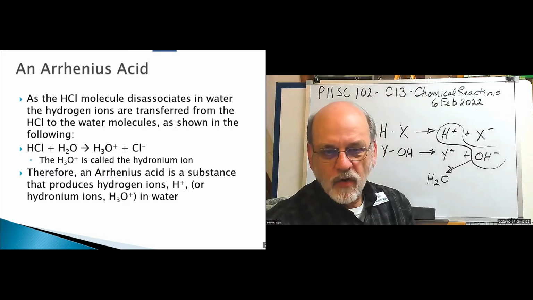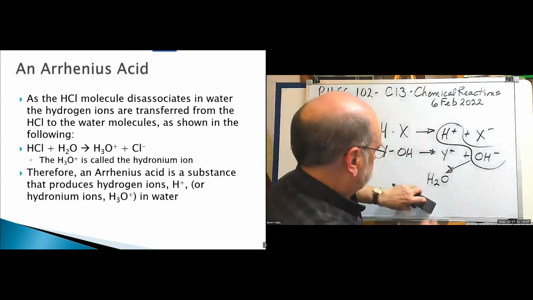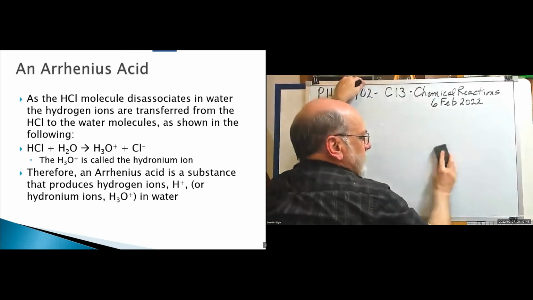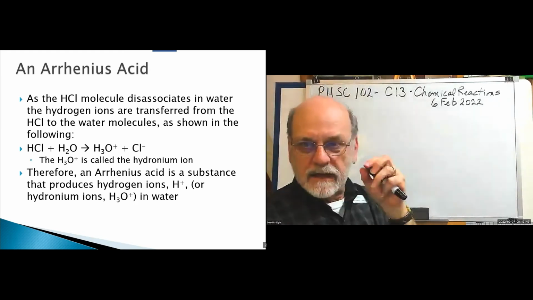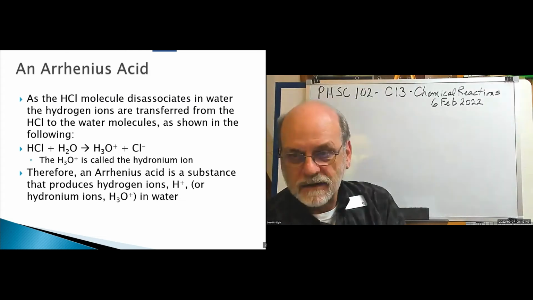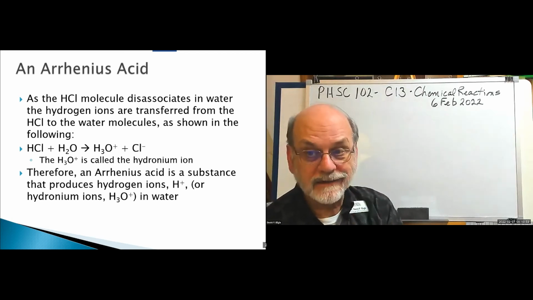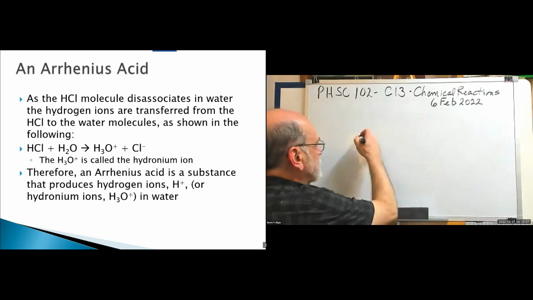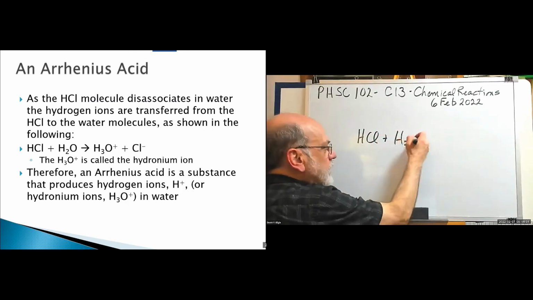Okay, so what actually happens? Well, we'll use hydrochloric acid as our example. In aqueous solution, water doesn't just sit there. Water is a participant in the reaction. It is a reactant. So when we put HCl in solution, it reacts with water.